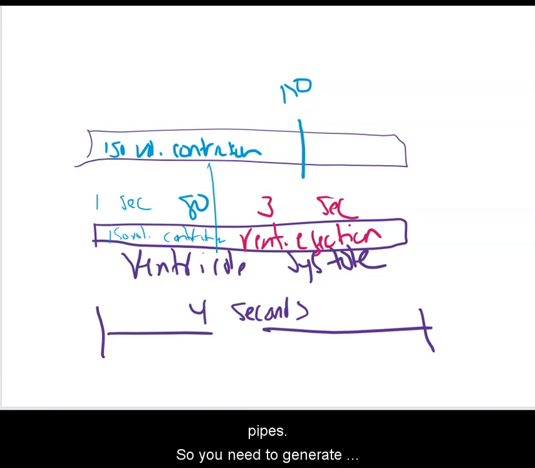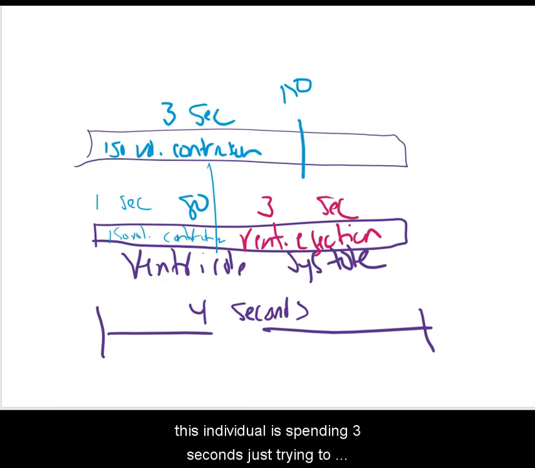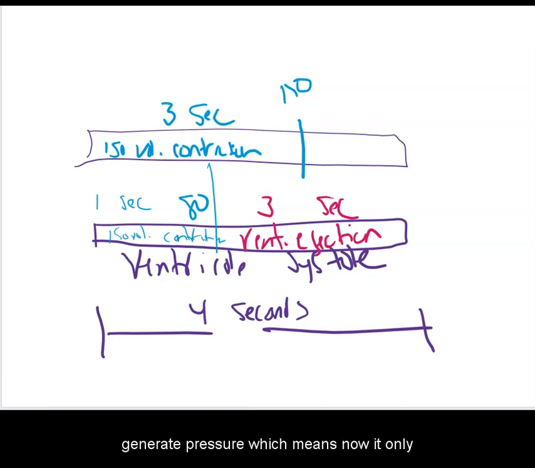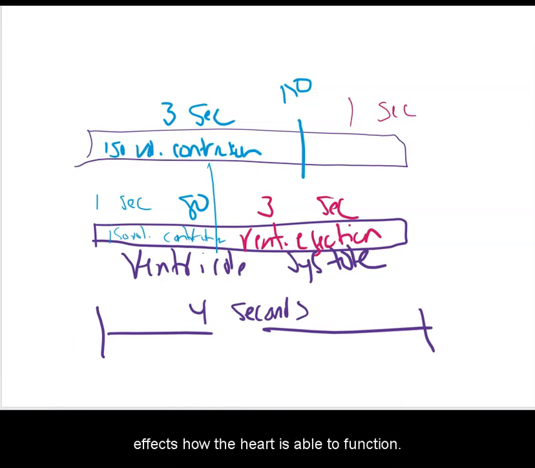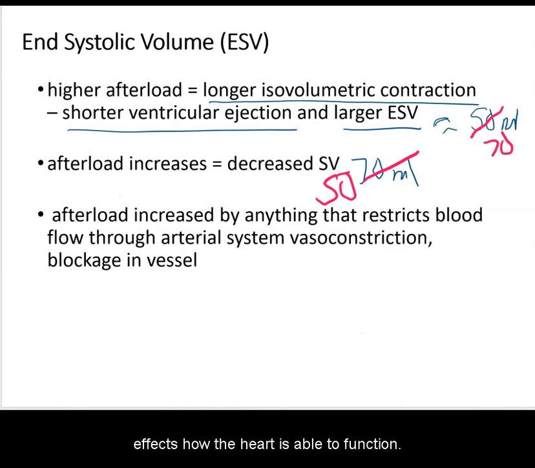So you need to generate more pressure to force it out. So now this individual is spending 3 seconds just trying to generate pressure, which means now it only has 1 second to eject the blood. So less blood will leave. So that afterload directly affects how the heart is able to function, and it doesn't let the blood get out.